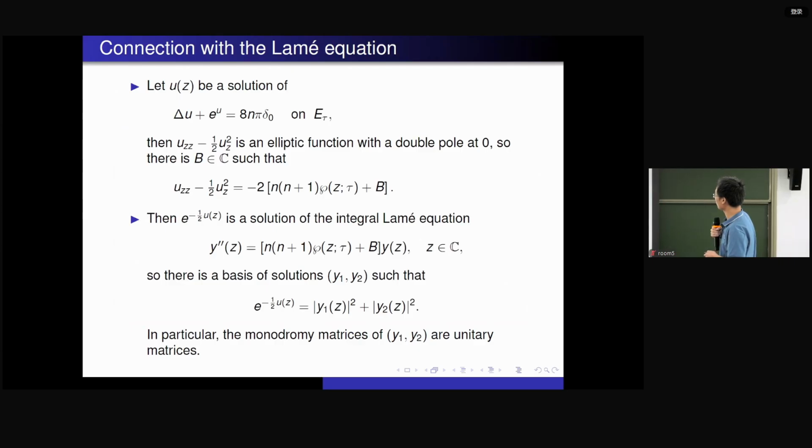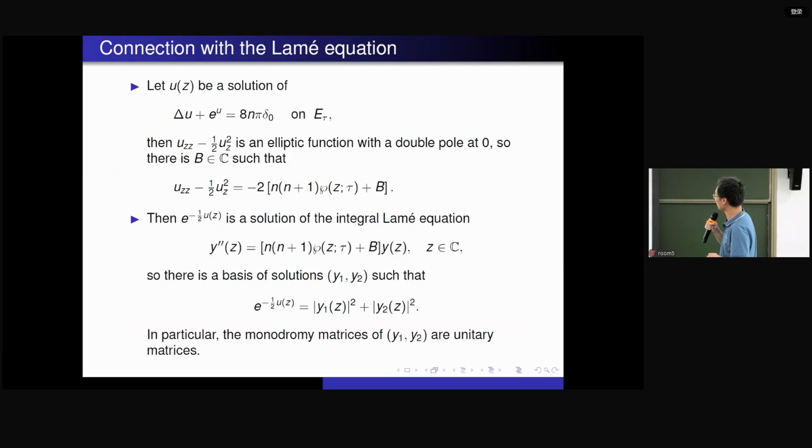Then you can see this elliptic function has a double pole at 0. So you can see there is a B such that this function can be expressed by this formula. And by this formula, you can see that this function is a solution of this Lamé equation.